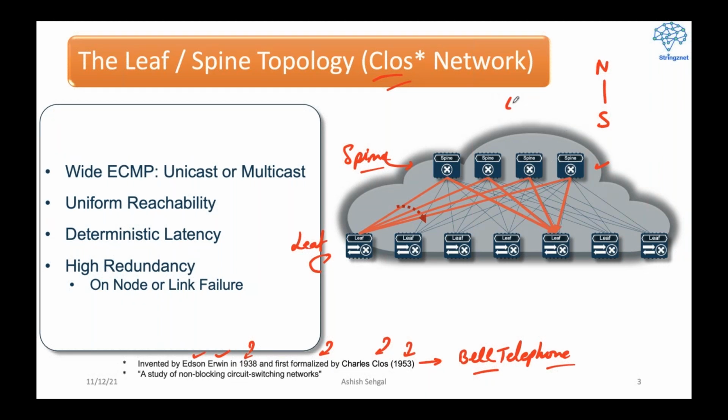Dear friends, there is no east to west connectivity, or in other words, there is no lateral connectivity between the spine switches. Sorry, they are not directly connected. The leaf switches are also not directly connected. This avoids any scope of layer 2 loop, and thus the layer 2 loop avoidance mechanism, spanning tree protocol, is not required. I will not say not available. Spanning tree protocol is available, but is not required.